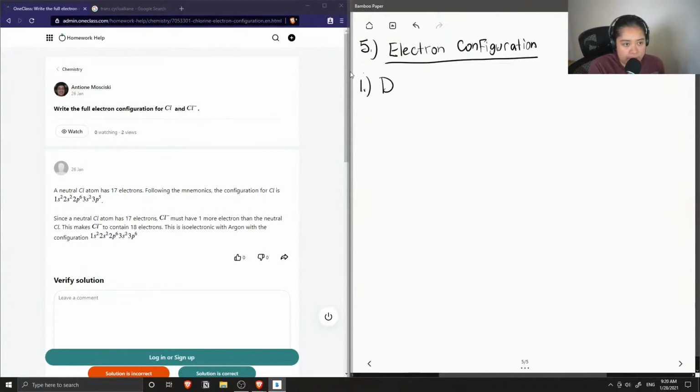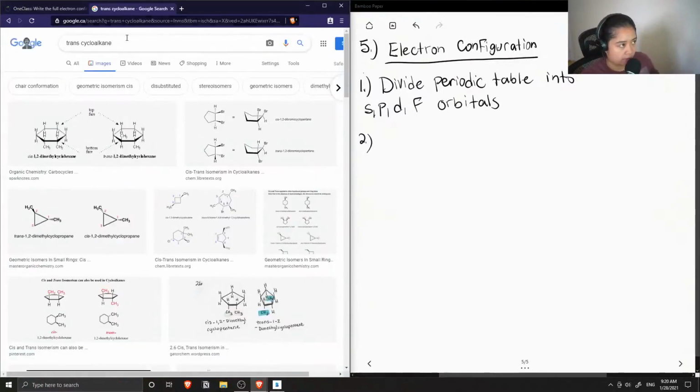So the first step is to divide your periodic table into the different orbitals S, P, D, and F. So let's look up what that will look like.